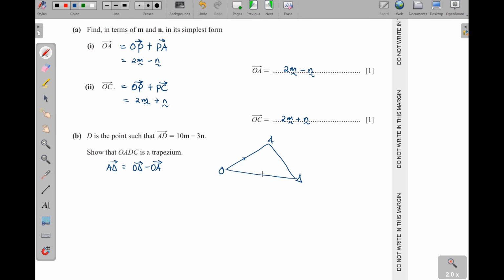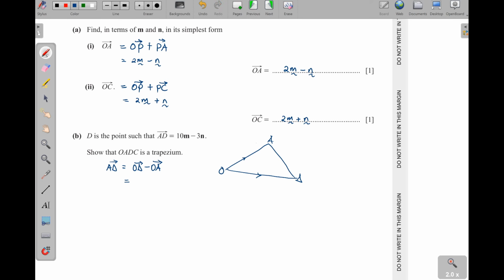Then for me to get from A to D, I will say AO, then plus OD. But you can see that this one becomes a negative because we are moving in the opposite direction. Okay, does that make sense? So that's why I'm saying that you just get the last minus the first.